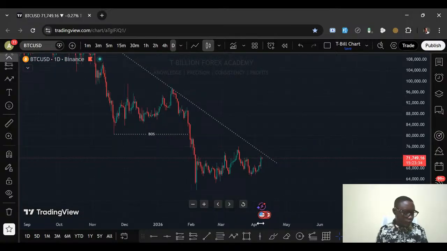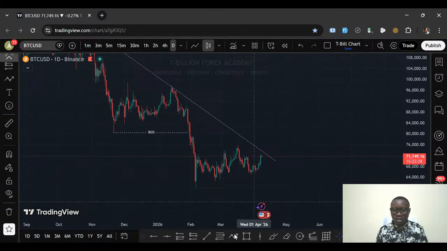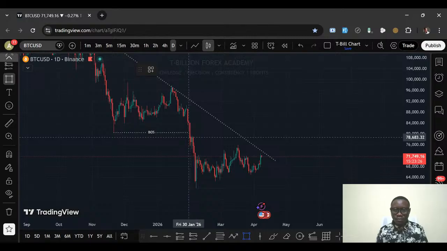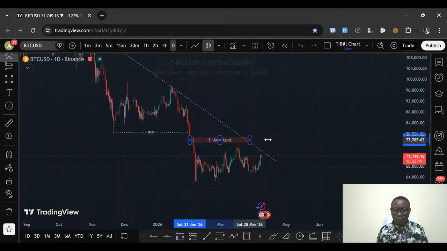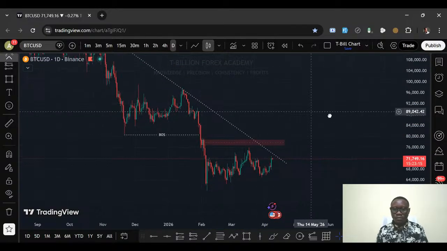Price is currently, you know, price reacted at this zone.